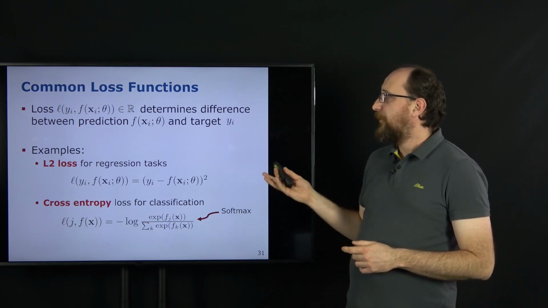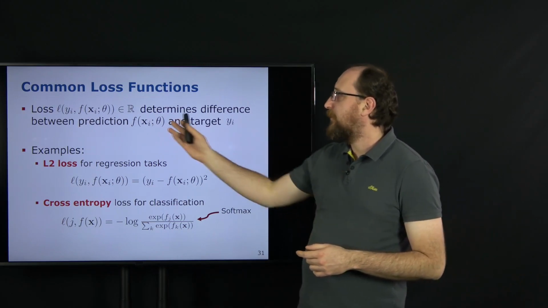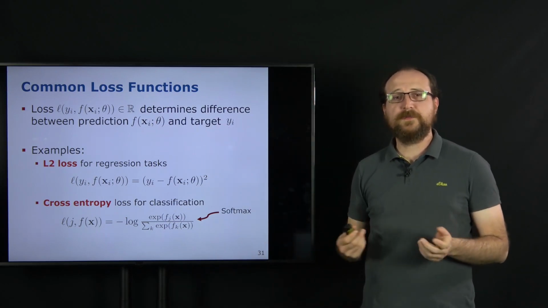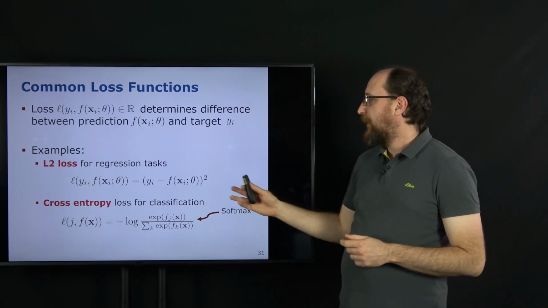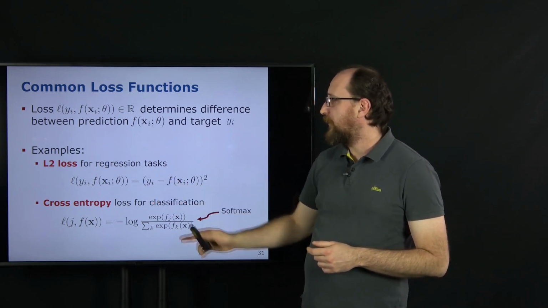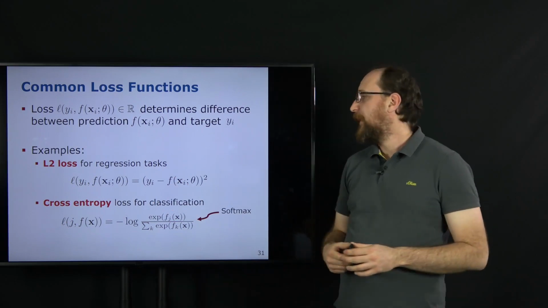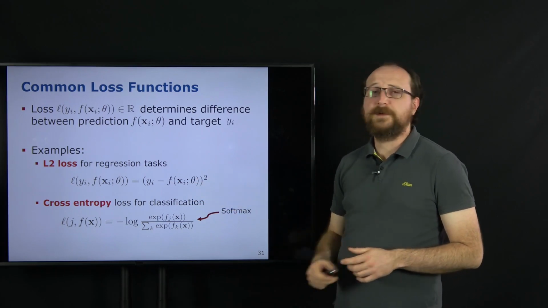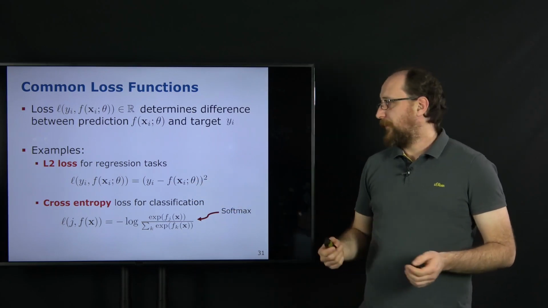So the loss function determines the difference between our prediction and our target value. For the L2 loss, because it's a regression task, the output value is a continuous value, and our prediction is also a continuous value. We are just subtracting them and taking the square of these values.